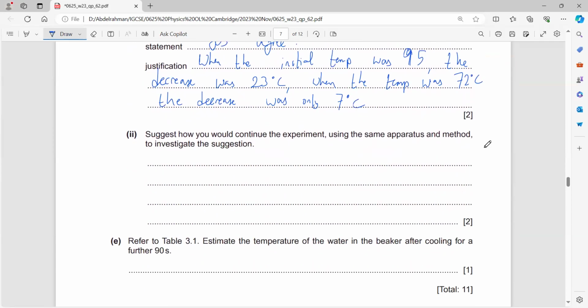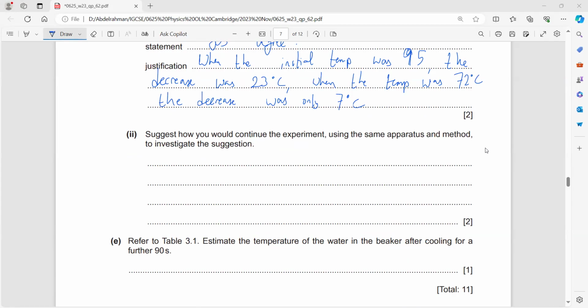Suggest how you would continue the experiment using the same apparatus and method. How can I continue this experiment? Take more readings.